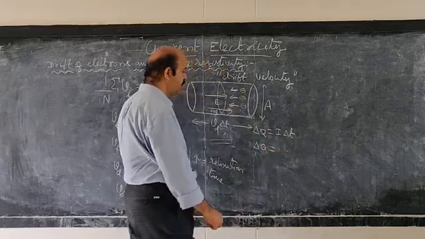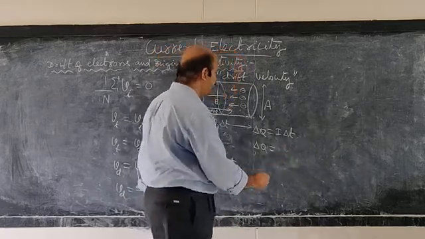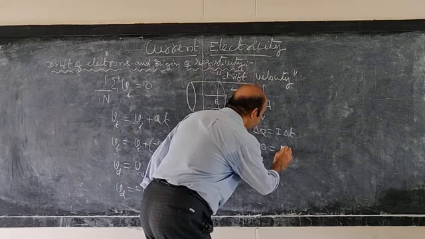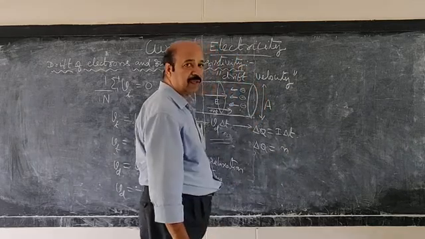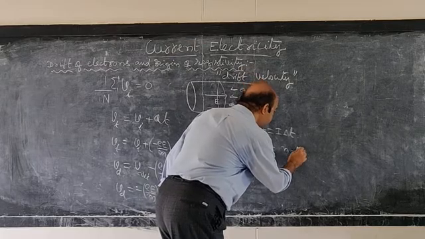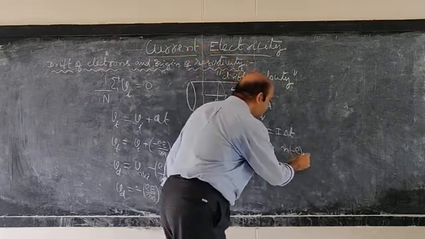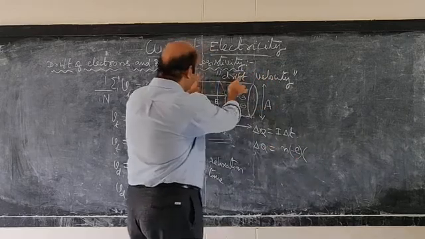Now, charge can also be calculated like this. Delta Q is equal to, let us suppose you have n number of electrons per unit volume, and e is the charge, over the volume of this much.